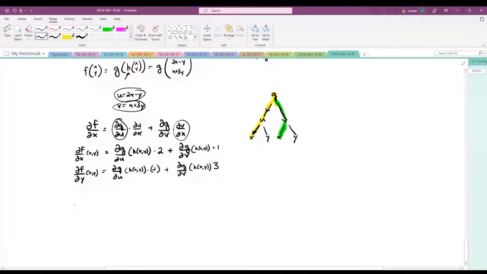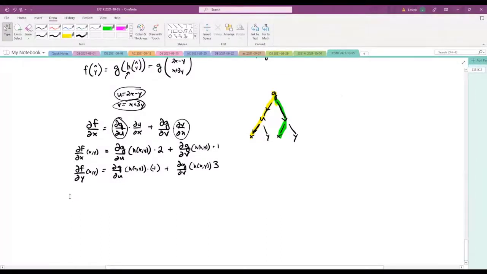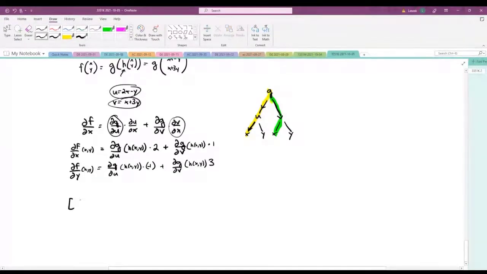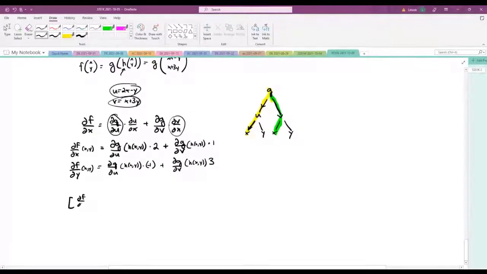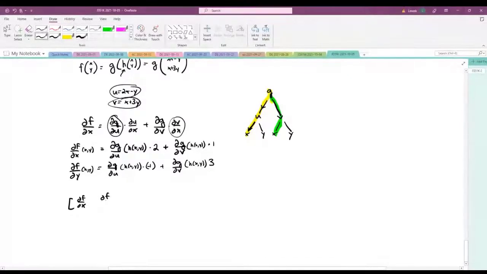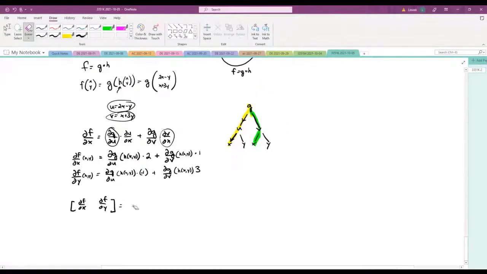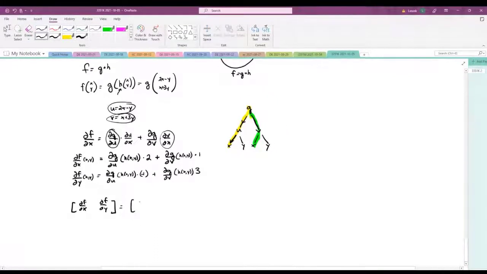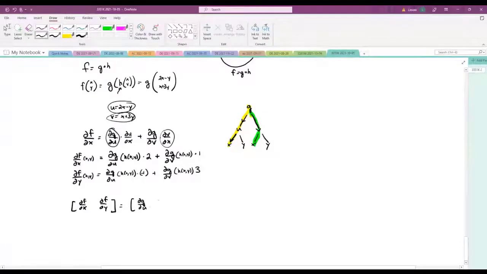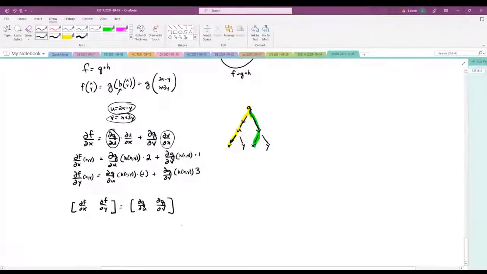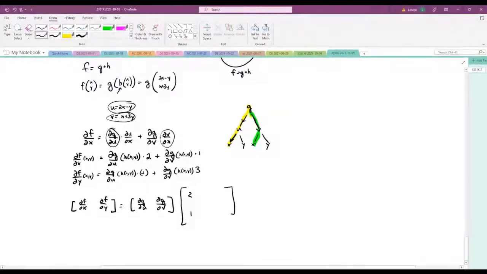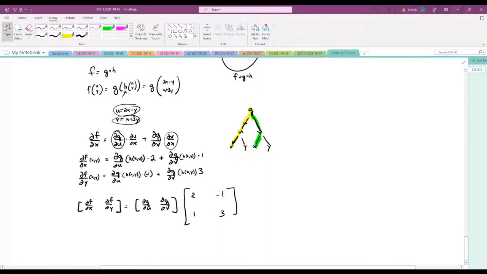But notice that we could have just done this with matrices as well. If I write these partial derivatives of f with respect to x and y as a row, then you can think of this as the derivative of g times the matrix 2, 1, and then -1, 3. You can confirm that's the same thing.